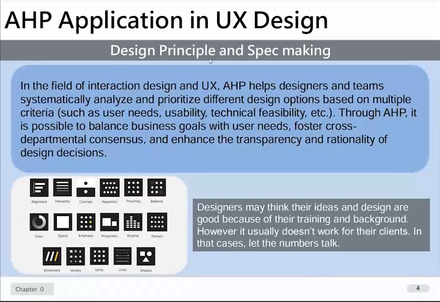So design principle and spec mapping. So if you are talking about the AHP application in UX design, what's the things we can do?